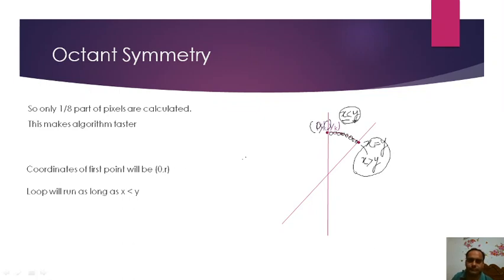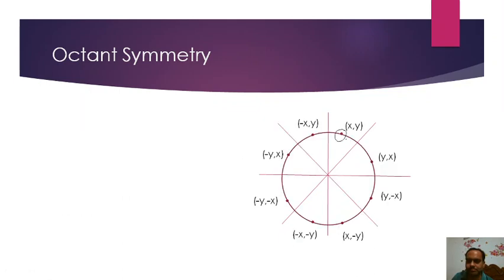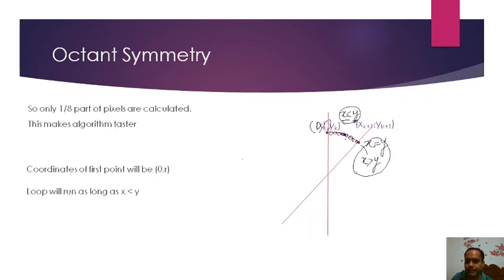So let us suppose we have calculated a point whose coordinates are xk and yk, and we want to find out the next point, the point next to it, whose coordinates are xk plus 1, yk plus 1.